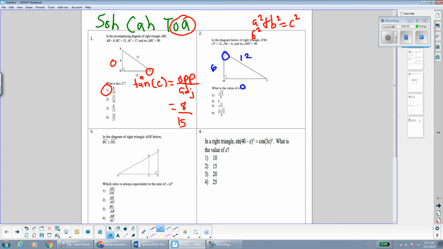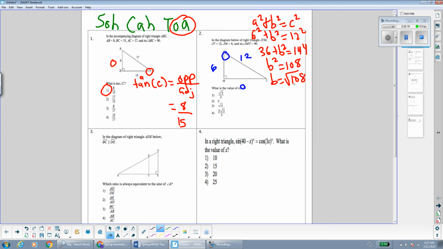We're finding the other leg, and we know that our hypotenuse is 12. So we have 36 plus b squared is equal to 144. Subtracting 36 from both sides, we have b squared is equal to 108. Taking the square root of both sides to get b by itself, we have b equals radical 108.